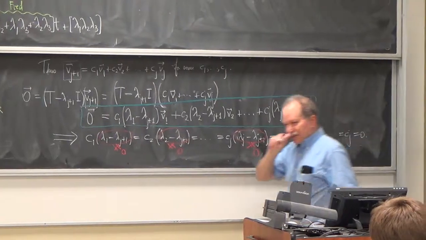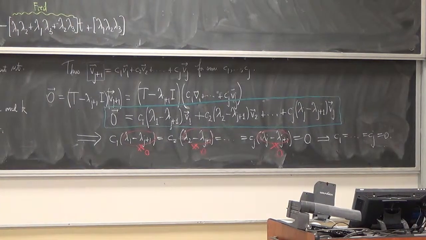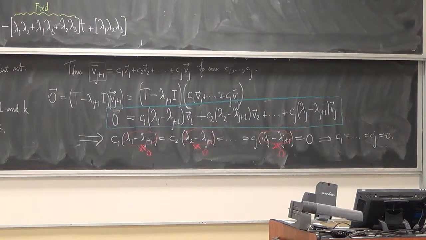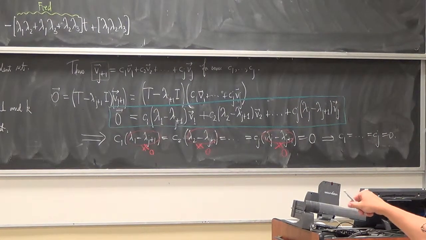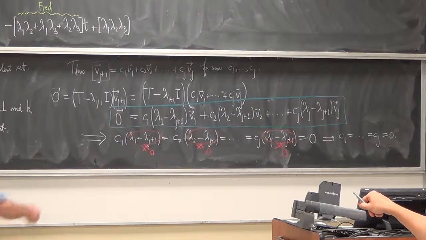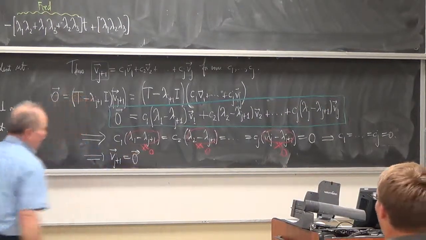What's wrong? All the c's are 0. Therefore, vj plus 1 is equal to the 0 vector. Why is that no good?